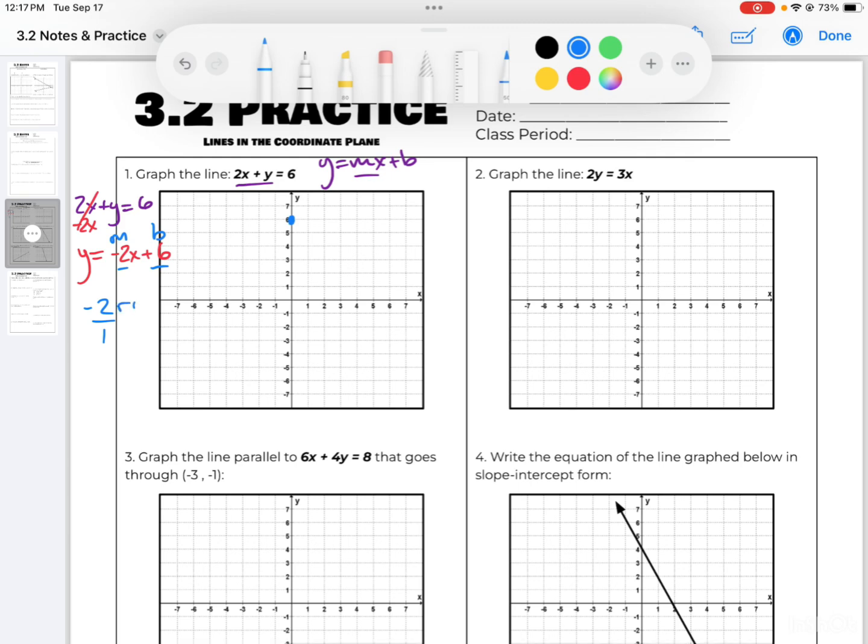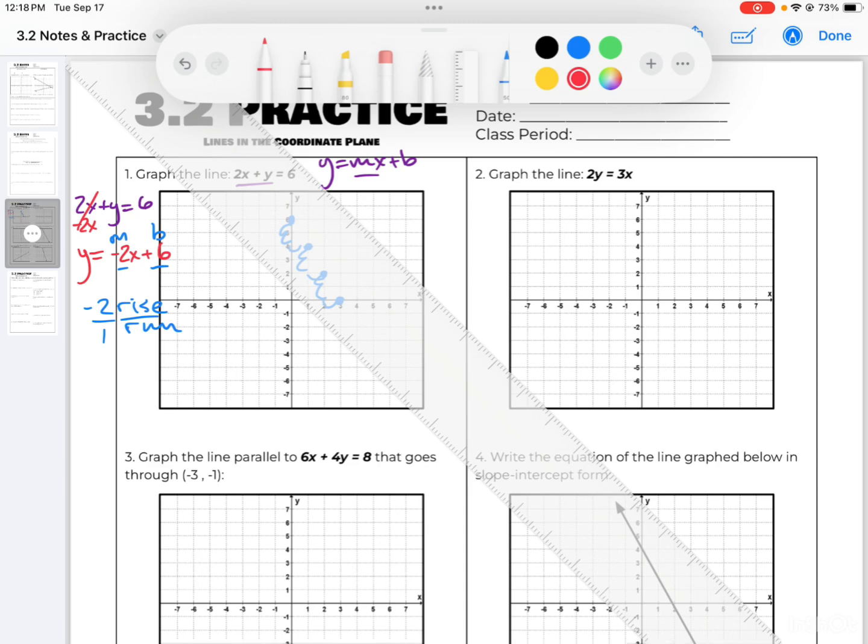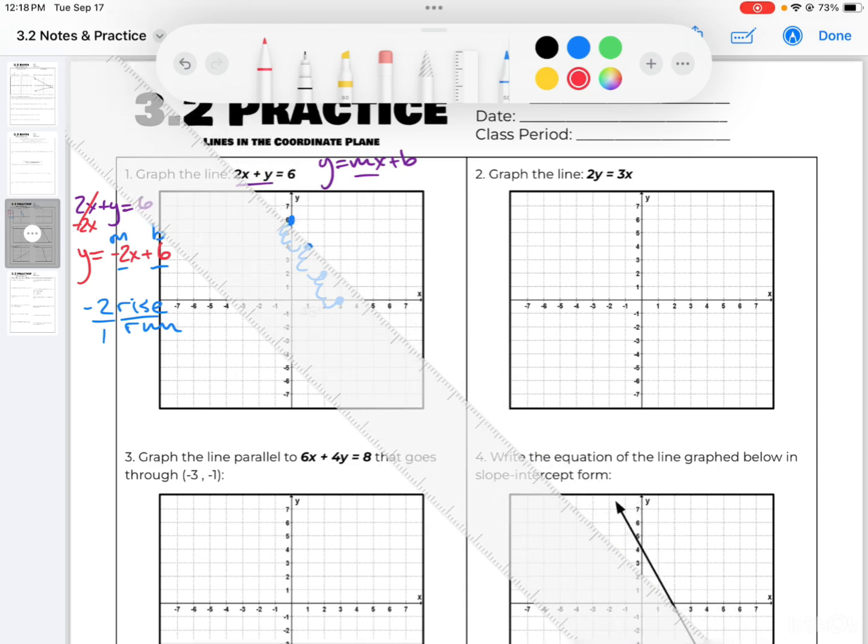That would mean for my rise, I am going down 2, and for my run, I'm going over 1. So I go down 2, over 1, down 2, over 1. And so you can kind of see my line forming right here.